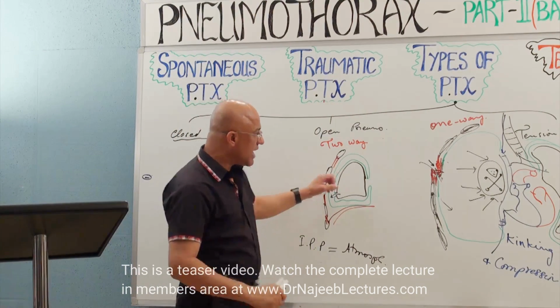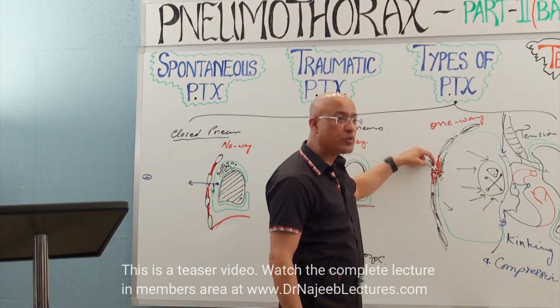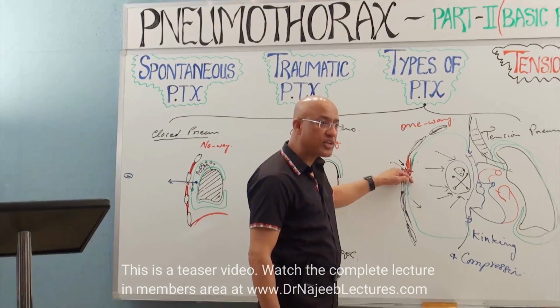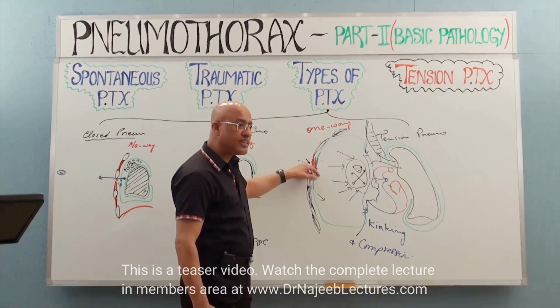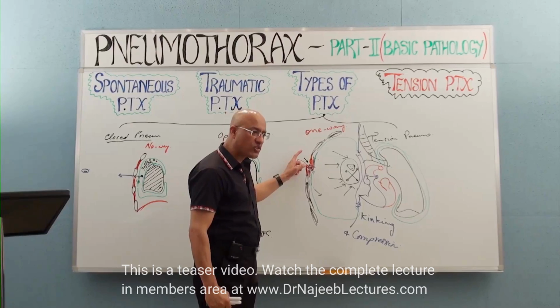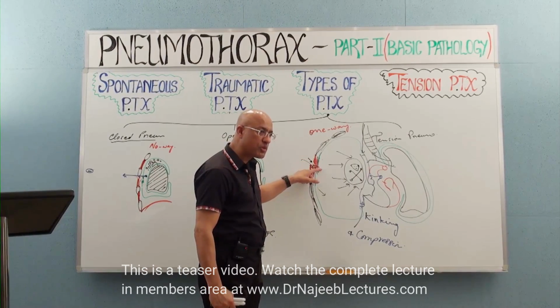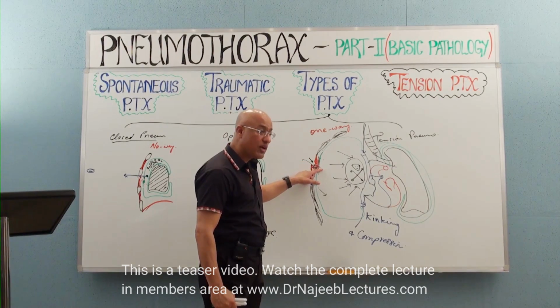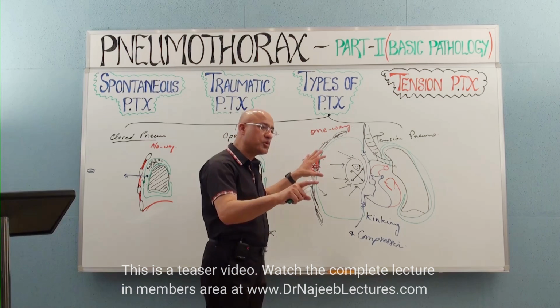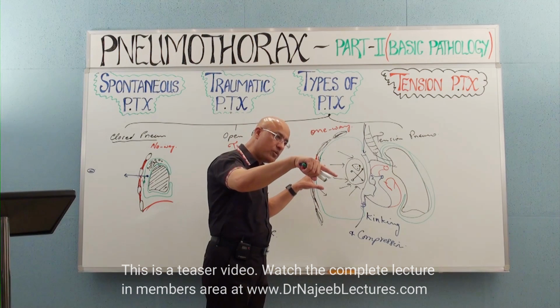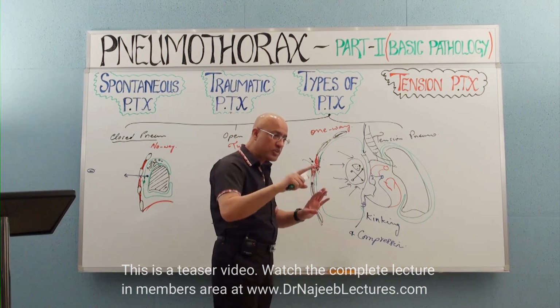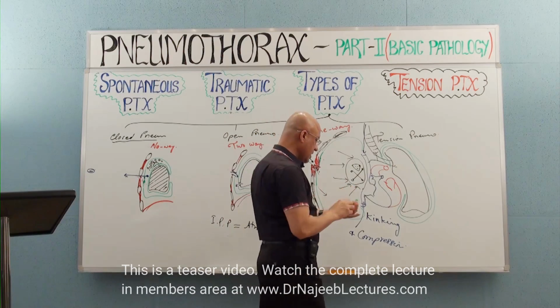Open pneumothorax. And if the entry point allows the air to enter with every inspiration but doesn't allow the air to escape during expiration, what is this kind of pneumothorax? Tension pneumothorax.